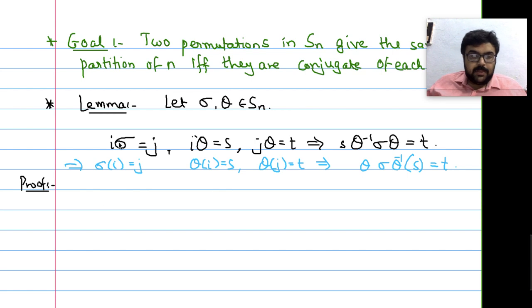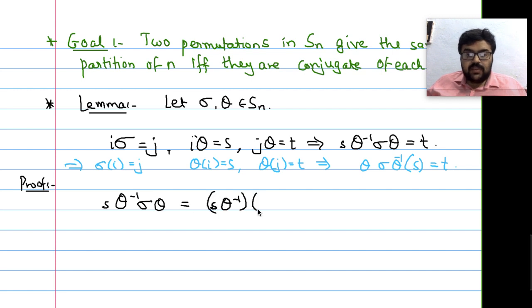So sigma maps I to j. So what is s? Theta inverse sigma theta will operate on s. First theta inverse is applied, then sigma theta. And now what is theta inverse of s?